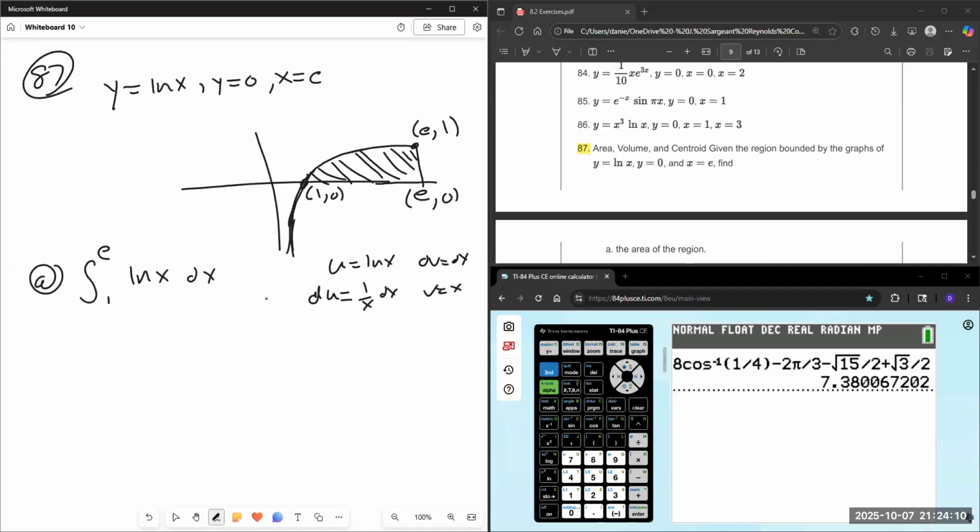So we have uv minus the integral of v du. And so this is equal to x ln of x minus x. So we're going to evaluate that.